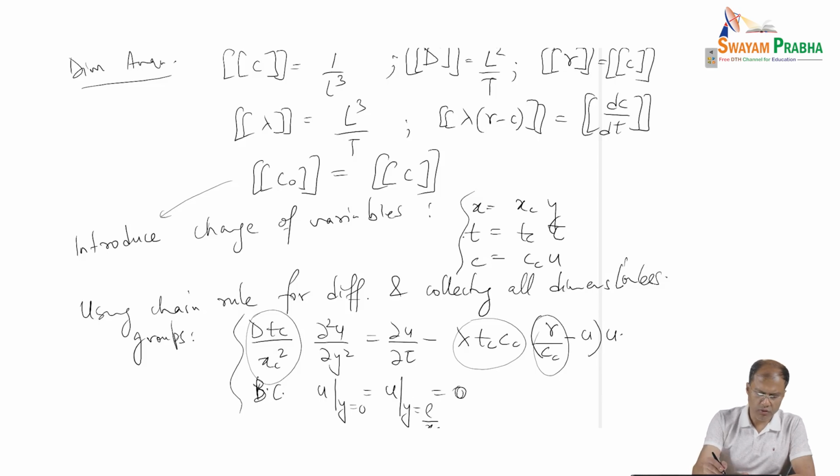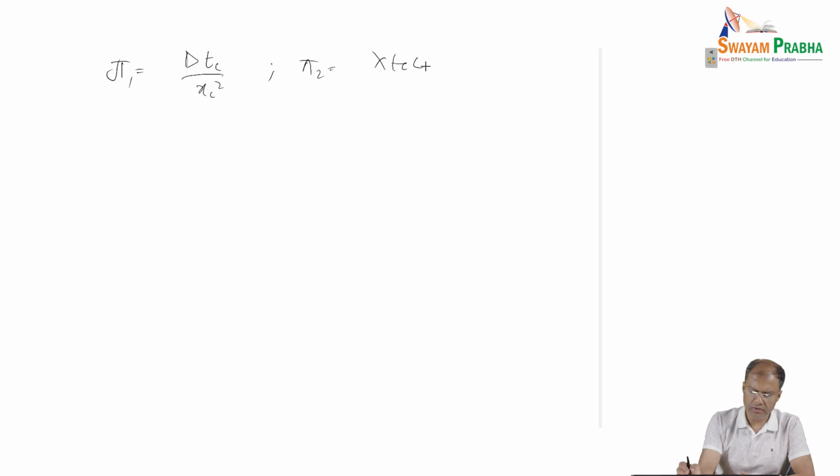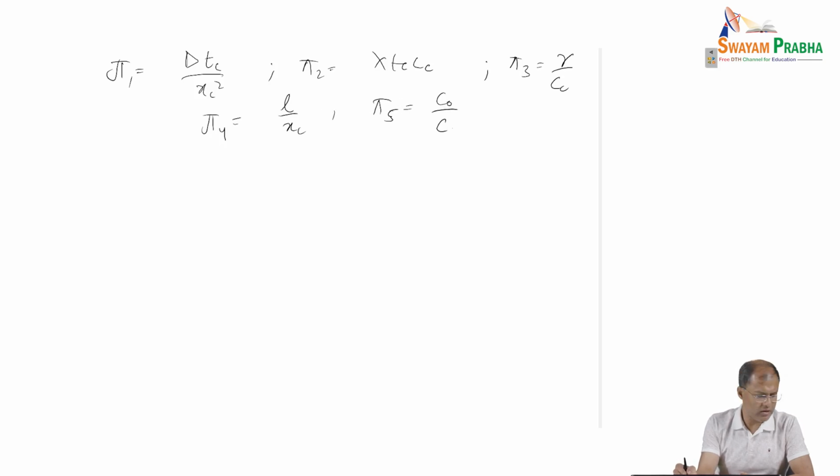So my dimensionless groups: pi 1 is D t_c by x_c square, pi 2 is lambda t_c by c_c times c_c, and pi 3 is gamma by c_c. And then we could have two more dimensionless groups corresponding to the initial conditions. Pi 4 is L over x_c and pi 5 is c naught over c_c.